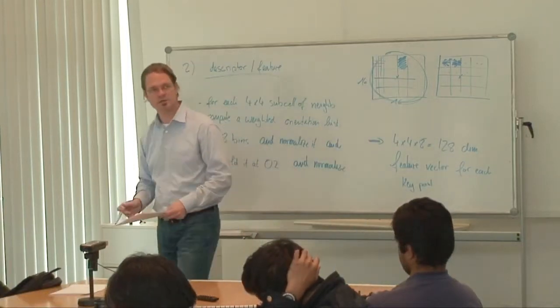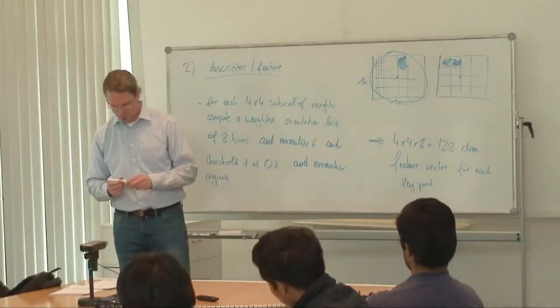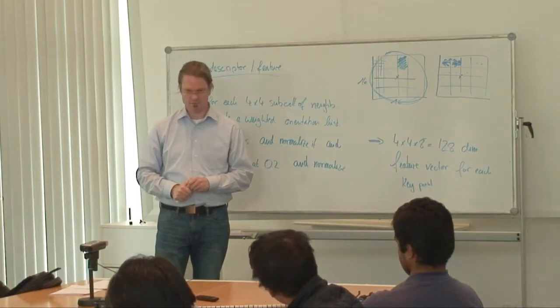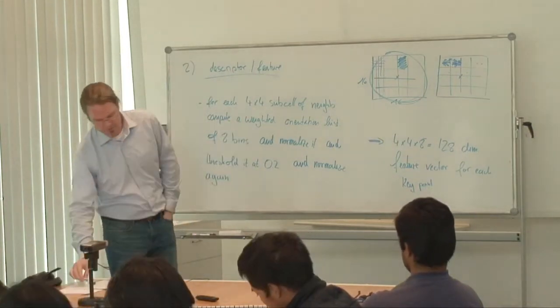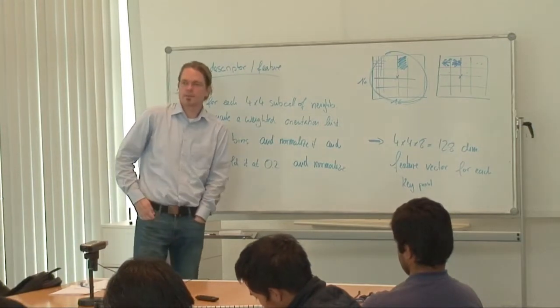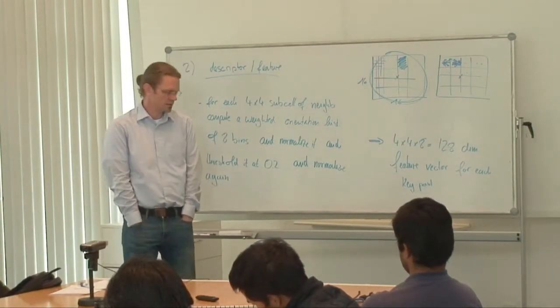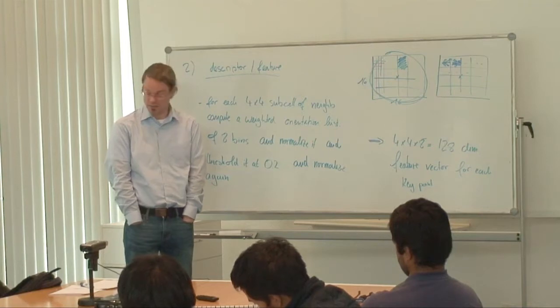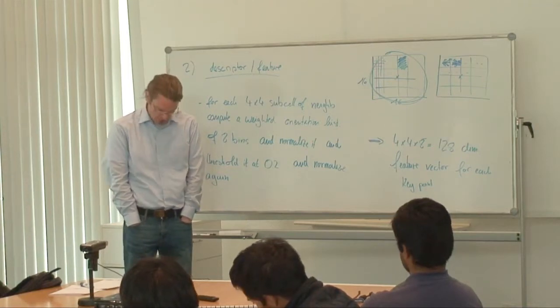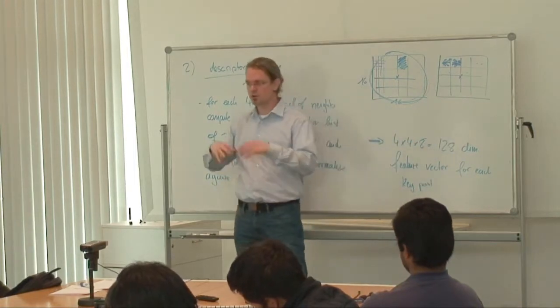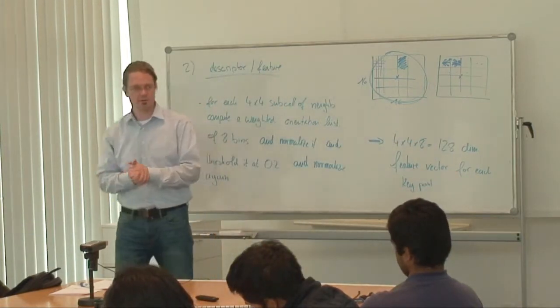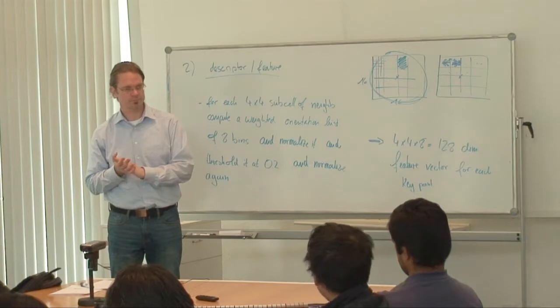So therefore, in a nutshell, we may have computed a couple of hundreds of key points out of a couple of tens of thousands of pixels, and for each of the key points we detected, we now have computed 128 numbers to characterize what is going on in the neighborhood of that point.